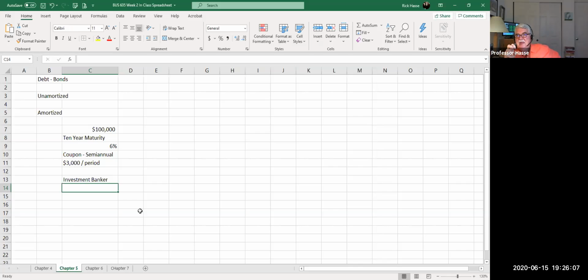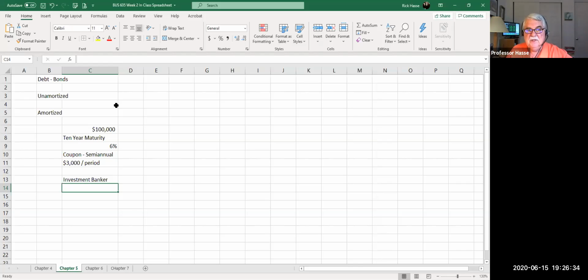They match them together. In return, the investment banker gets paid a fee by the company attracting the money, and also a fee by the investors finding them the money. What a racket. That's what an investment banker does. The intermediary to meet and match those people, the investors, with the investment.